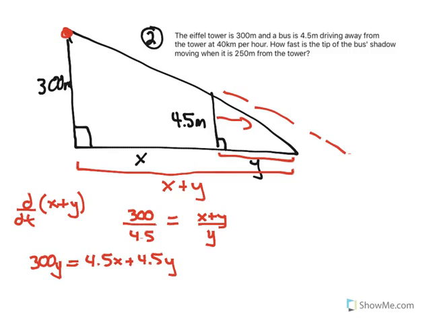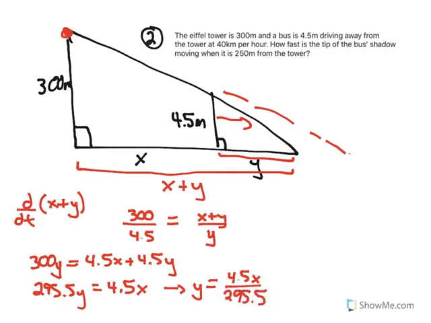Get your y's together and you get 295.5y, because I'm subtracting the 4.5y, equals 4.5x. And last step, I'm going to isolate my y. So I get y equals 4.5x divided by 295.5.